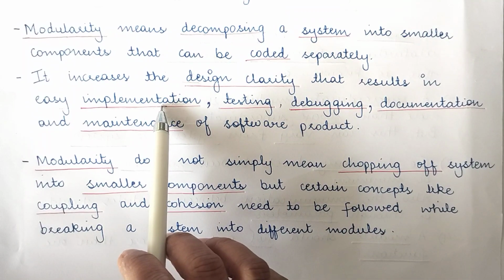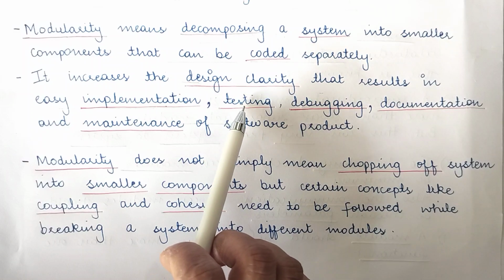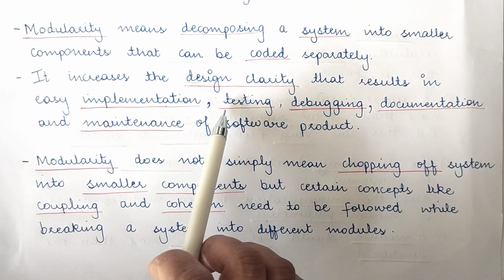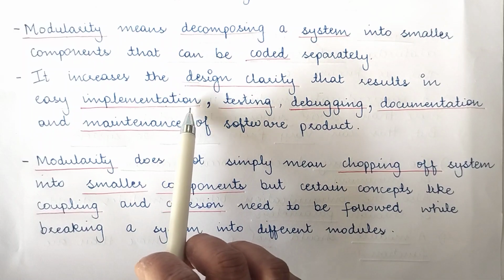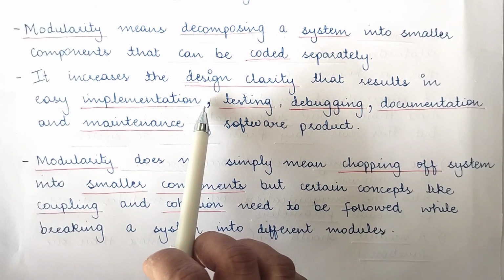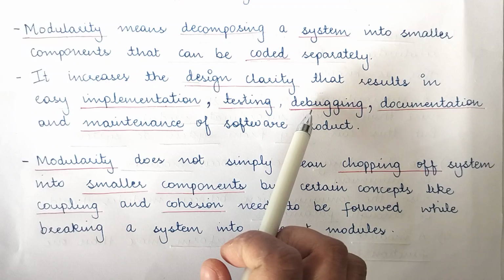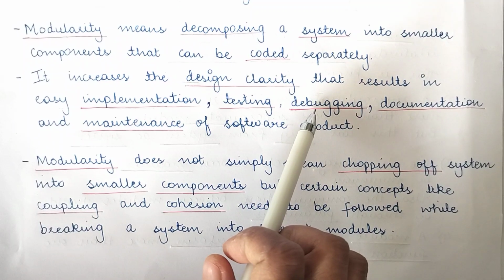When implementation becomes easy, the testing also becomes easy, because instead of testing the entire long piece of code, you have to test the codes for small modules. Debugging, that means finding out errors, also becomes easier because there are smaller codes now.